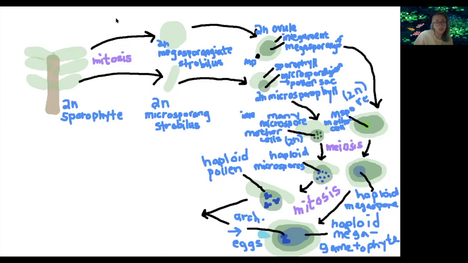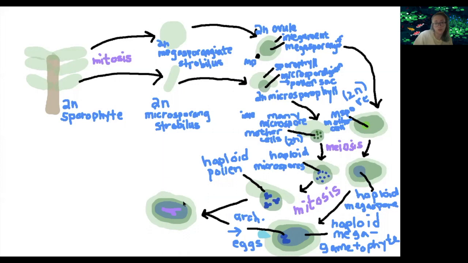Okay, so upon fertilization, we will get an embryo. So let's just refresh ourselves with what we have now inside of a fertilized ovule. We will have a parental sporophyte tissue, that's our integument, followed by our megasporangia tissue.